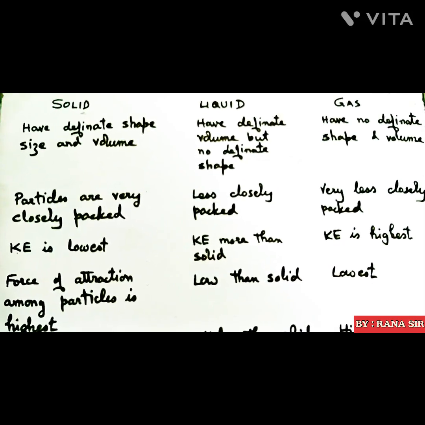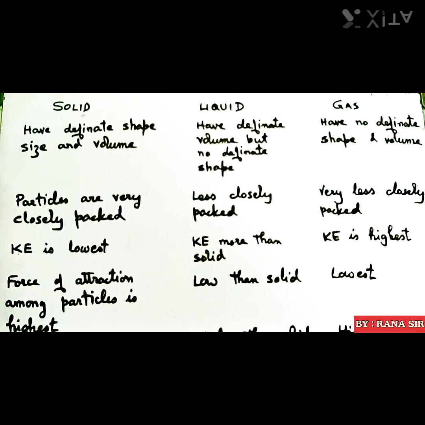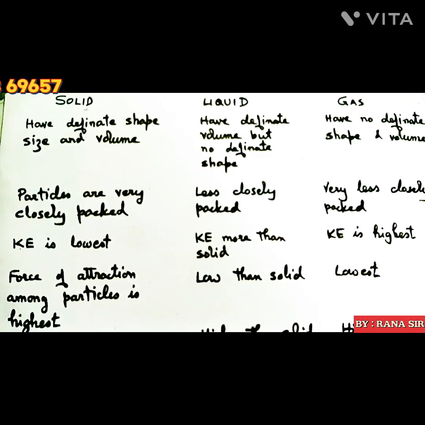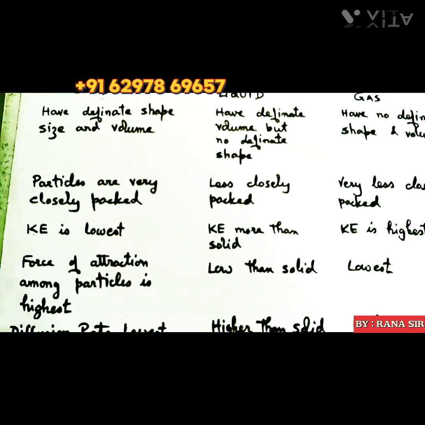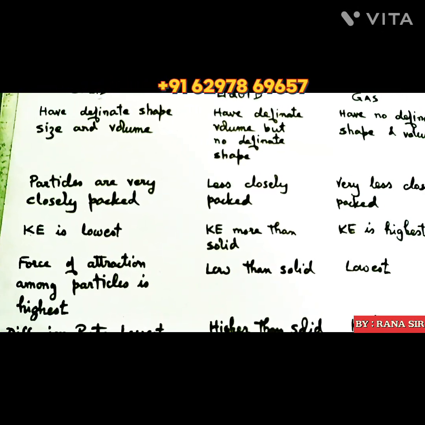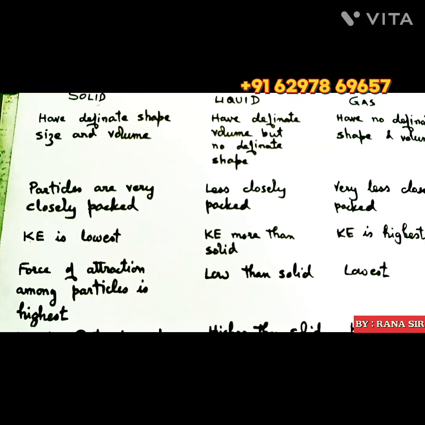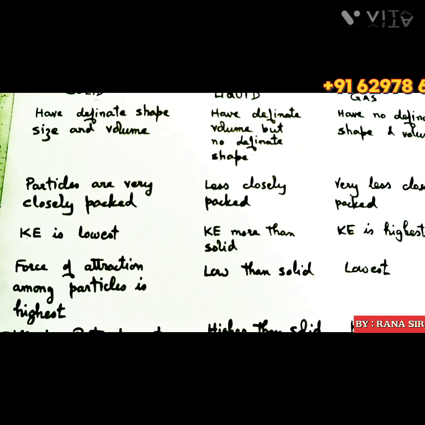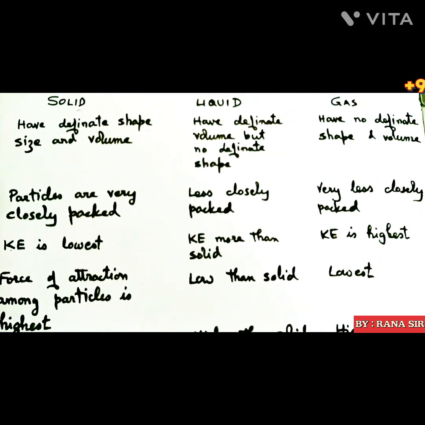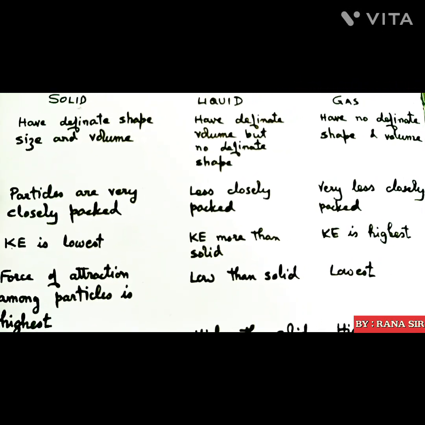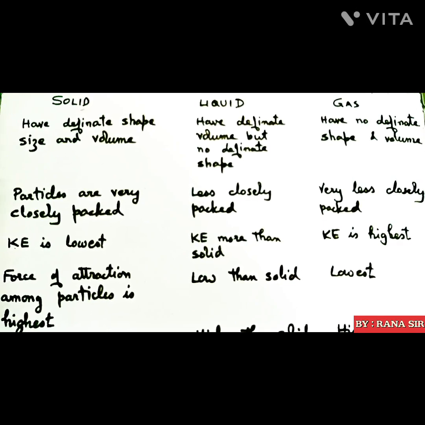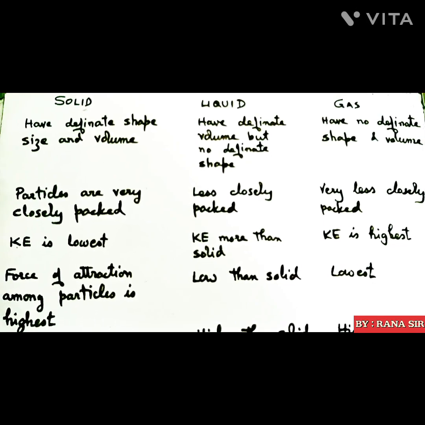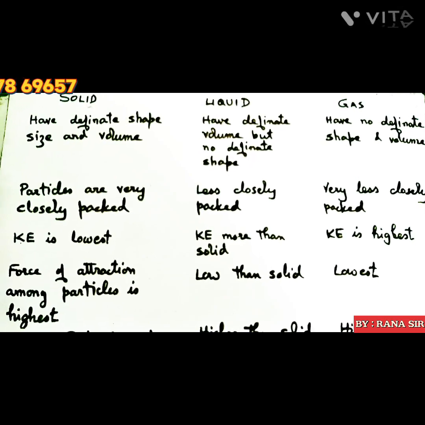It takes up the shape of the container. Particles of solid are very closely packed. In liquid, they are less closely packed, and in gas, they are very sparsely packed.